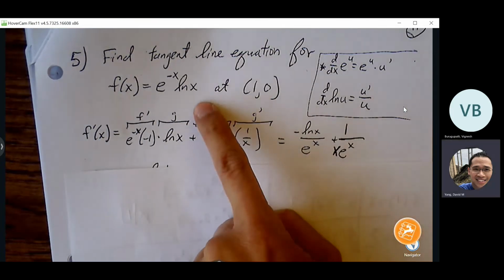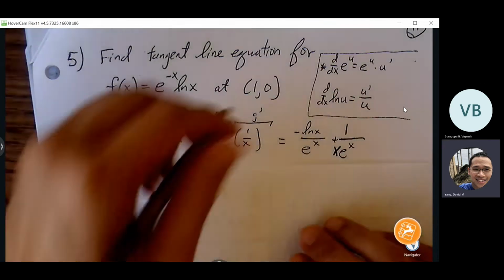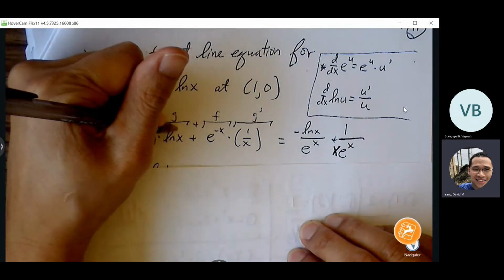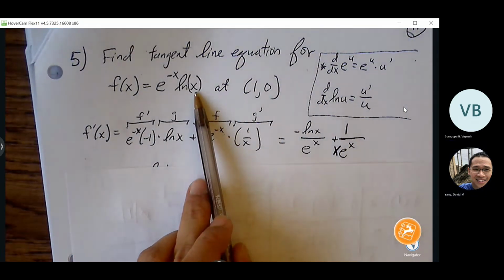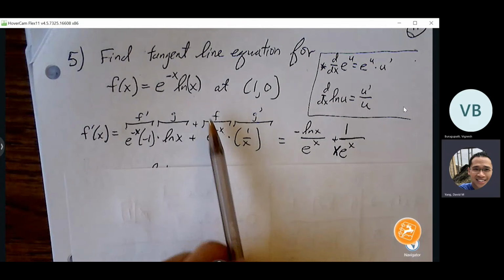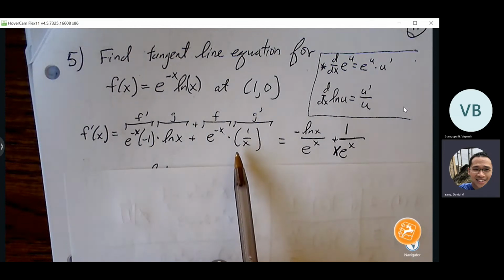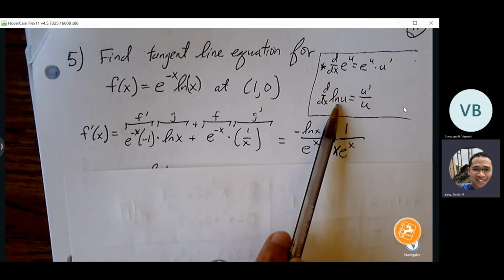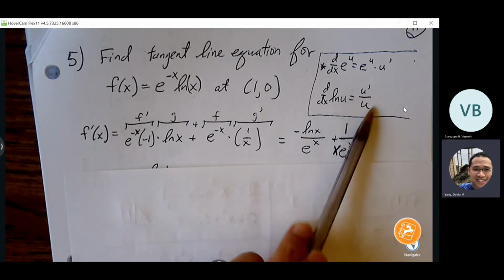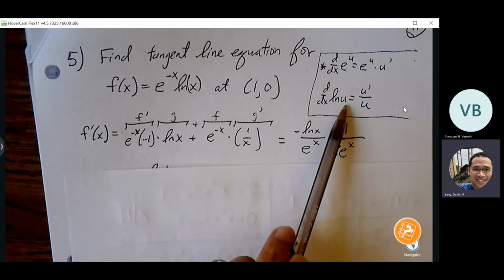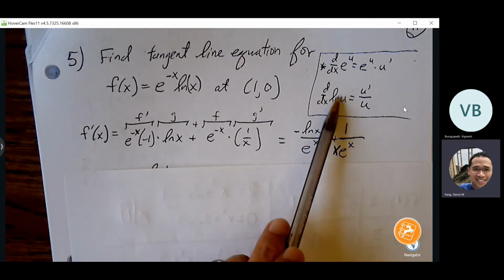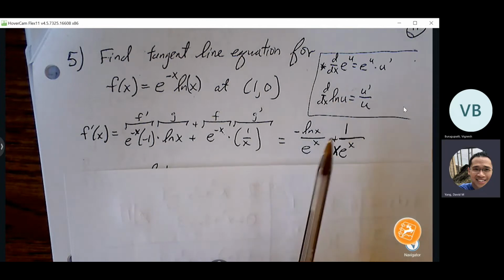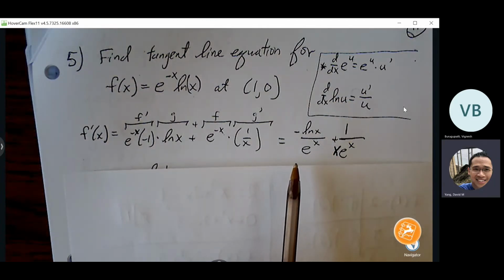The ln goes away. Natural log of u doesn't have any natural log in it. The u value is just what's inside the natural log. Okay.